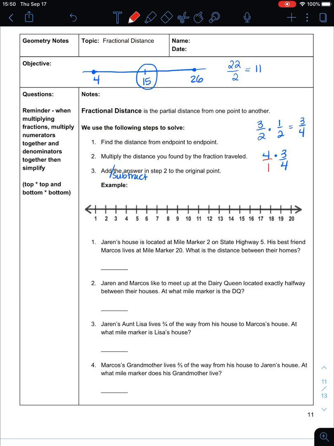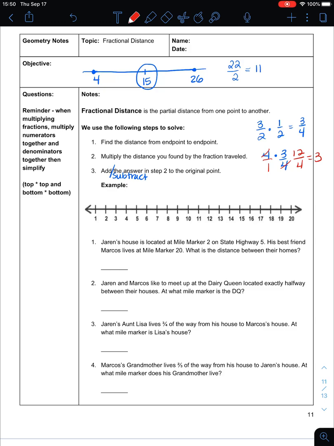It's understood that this 4 is over 1, so that I have 2 numerators and 2 denominators. So 4 times 3 is 12, over 1 times 4 is 4, which is 3. You might also remember you can cross cancel, right? And so you can cross cancel those 4s and end up with 3 either way. So don't forget how to multiply fractions.